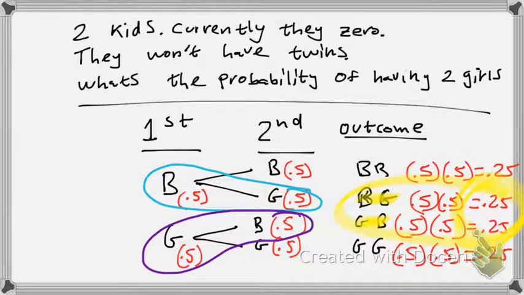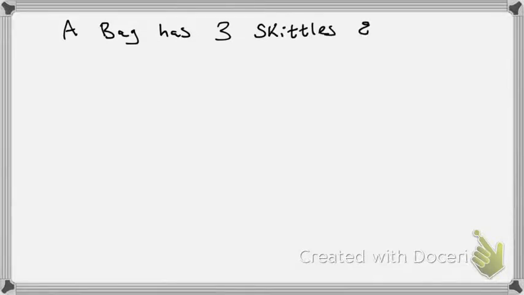So let's see. All right, so I'm going to come with another example, a little more complex. So imagine a bag has, let's say, 3 Skittles and 2 M&Ms, right?